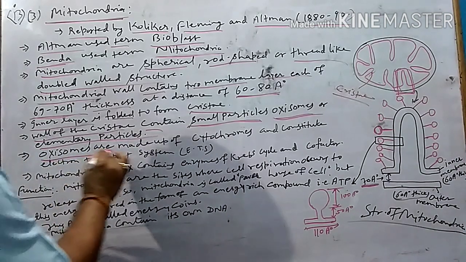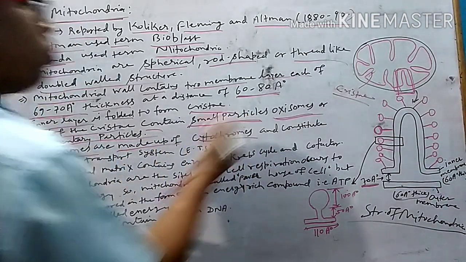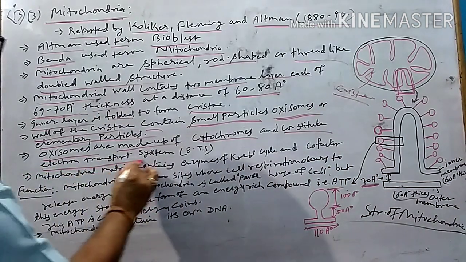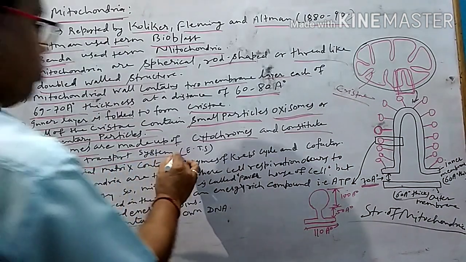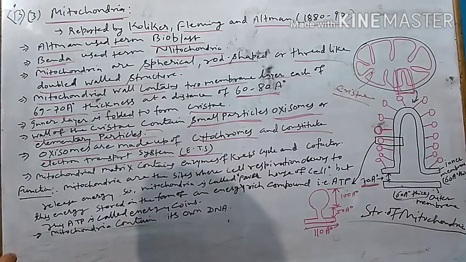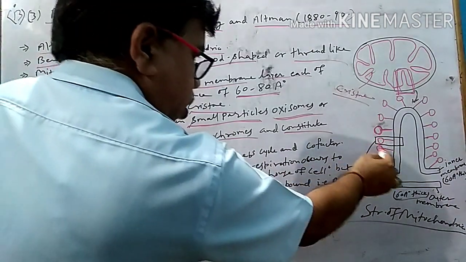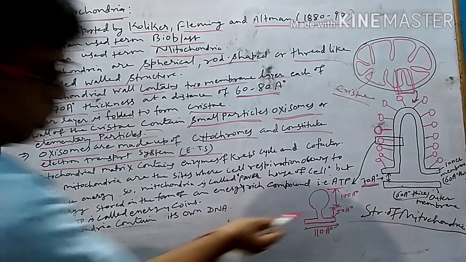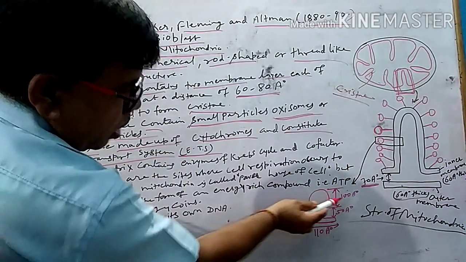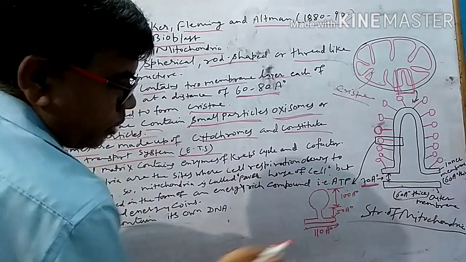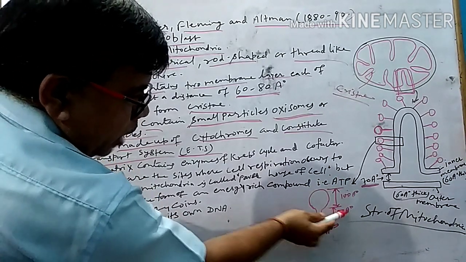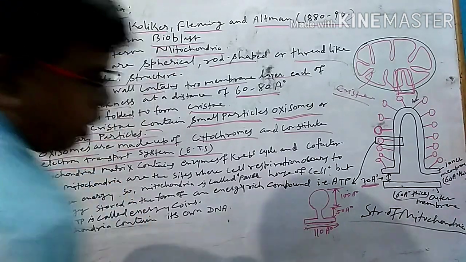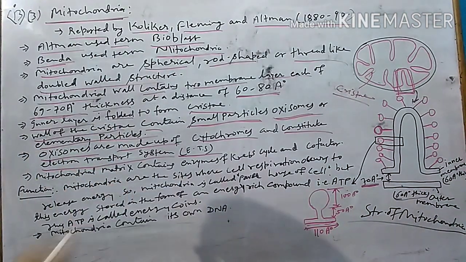These oxysomes are made up of cytochromes and constitute the electron transport system, in short the ETS system. So this is the oxysome in enlarged view. This head part is 100 angstrom, this part is 50 angstrom, and this structure is 110 angstrom thickness.